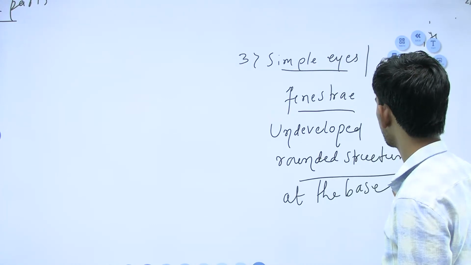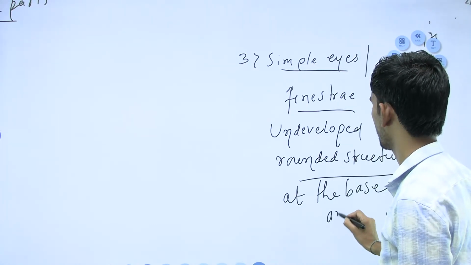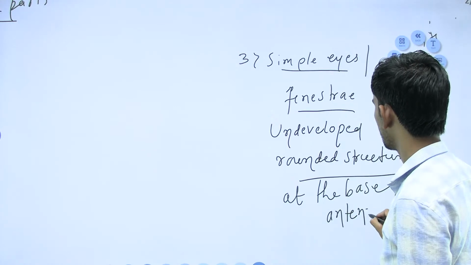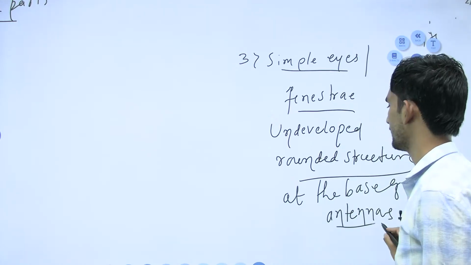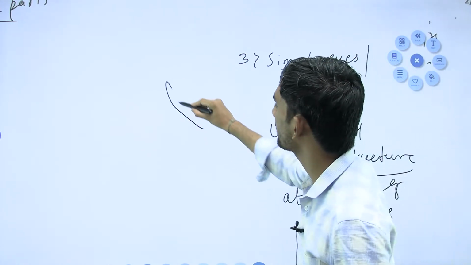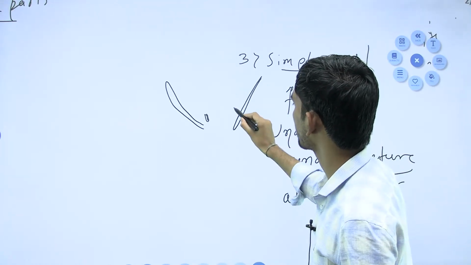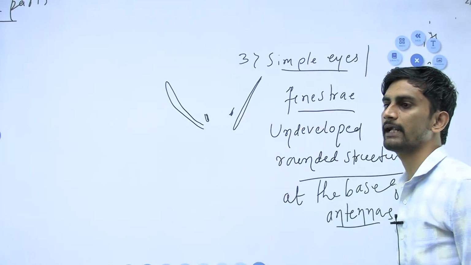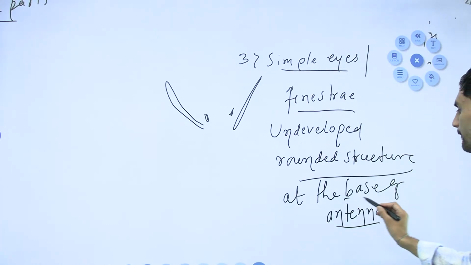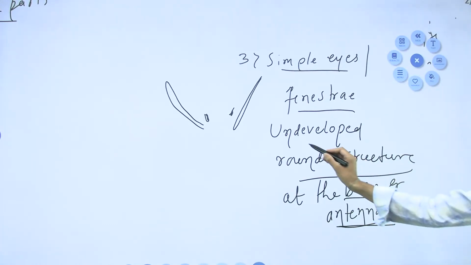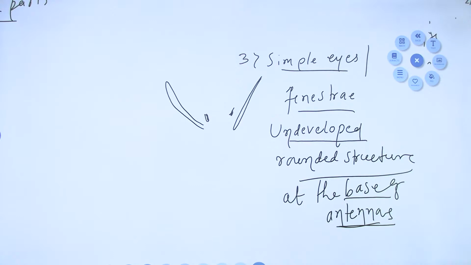You are finding them at the base of the antenna. For example, here one antenna is there, so at its base somewhere here, and for the other antenna, somewhere here. At the base of the antennae you find a pair of small rounded structures. These rounded structures are undeveloped.